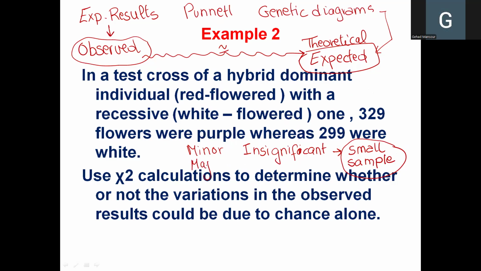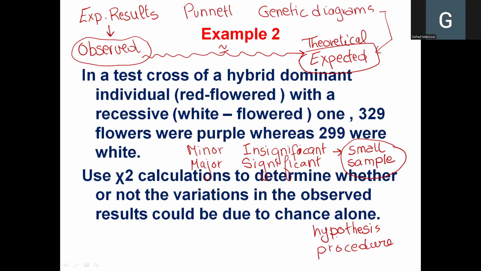And of course, this raises the doubt that there is something wrong. If the differences are significant, then there is a great doubt or suspicion that there is something wrong. What could be wrong? For example, you have postulated a wrong hypothesis, or you might have errors in your procedure.